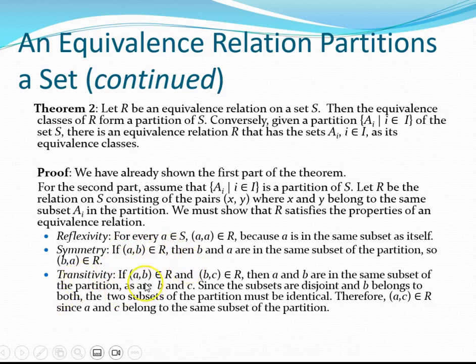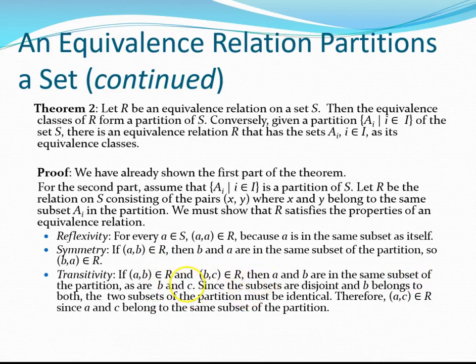Transitivity. If a, b is in R and b, c is in R, this means that the elements a and b are in the same subset of the partition, and b and c are in the same subset.